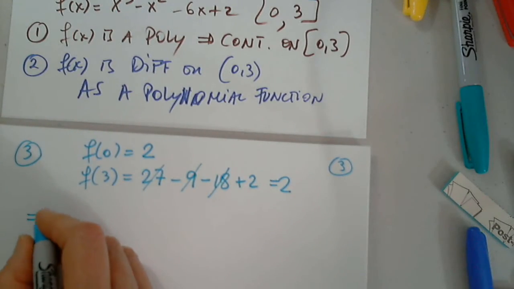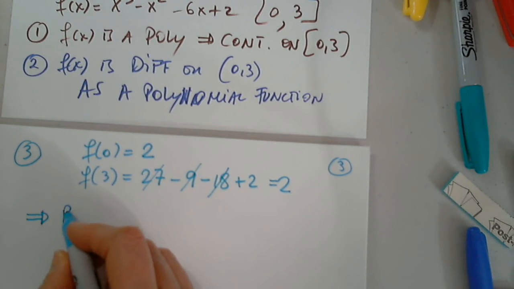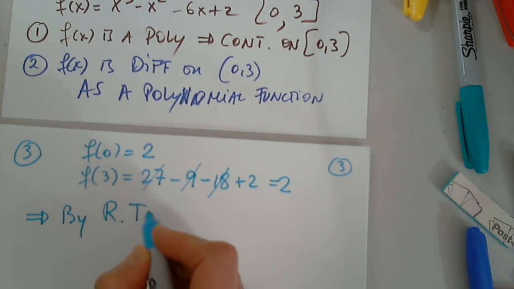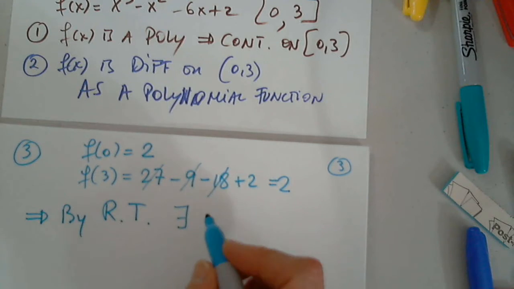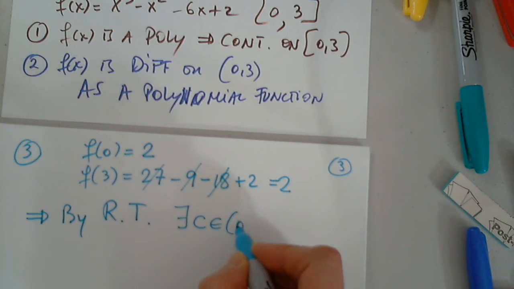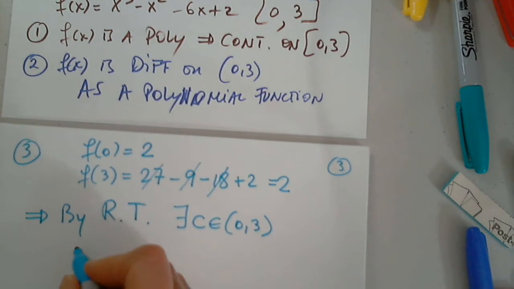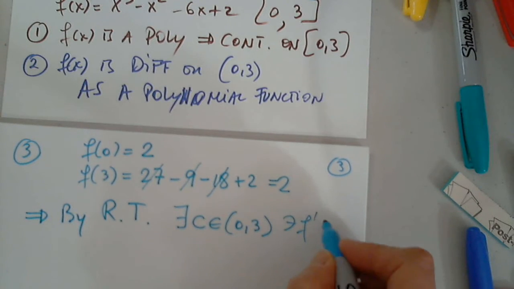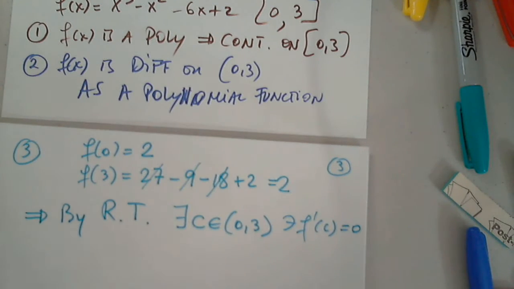So then by Rolle's theorem, I will find at least one C in the open interval (0, 3) such that f prime of C is 0. First I have to find f prime of x. Can anyone give us f prime of x quickly?